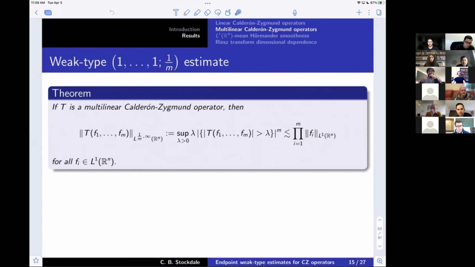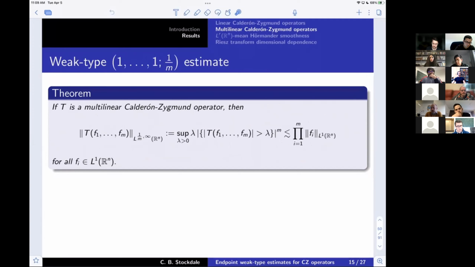So in I think it was 2002 or the early 2000s, Grafakos and Torres systematically made the theory of multilinear Calderón-Zygmund operators for this setting. And in that paper, among many other things, they proved an endpoint weak type estimate.